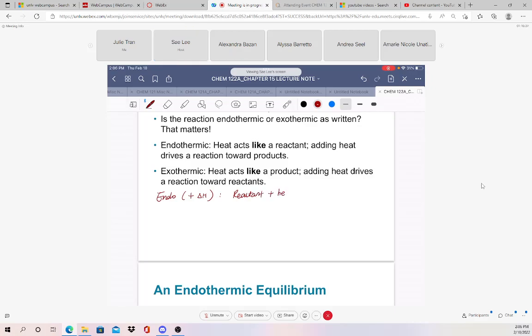The heat is going to be consumed. So this is how the equation for an endothermic reaction should look. For an exothermic reaction, you have negative enthalpy. You produce heat.